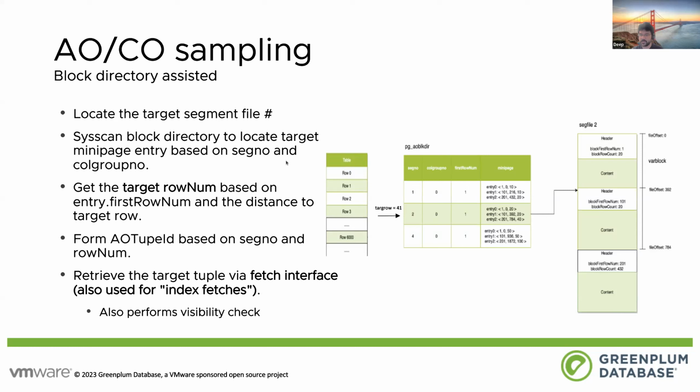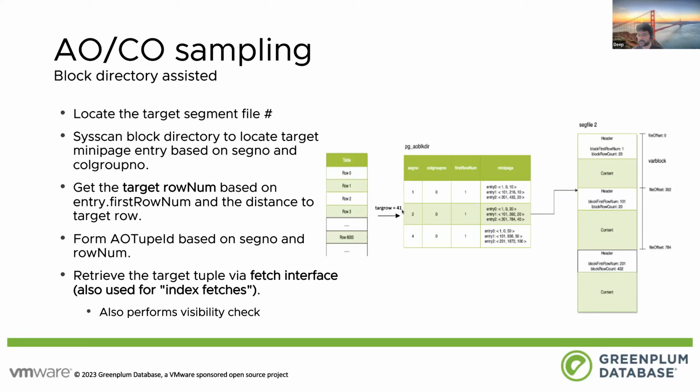numbers in the table. So if you imagine your table as a logical sequence of row numbers, it would look something like this, right? And what would happen is, let's say you want to look up target row number 41. Now, the 41st row number may be the first row number in the second segment file.